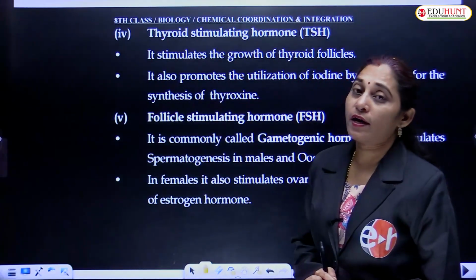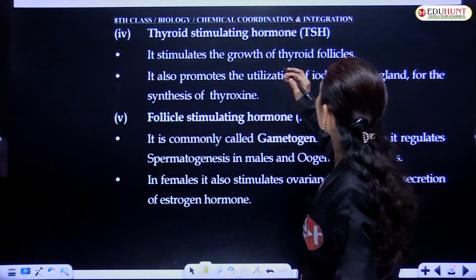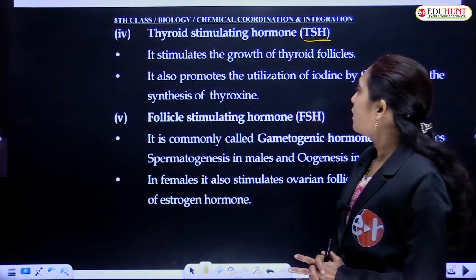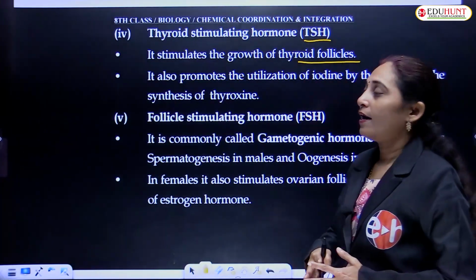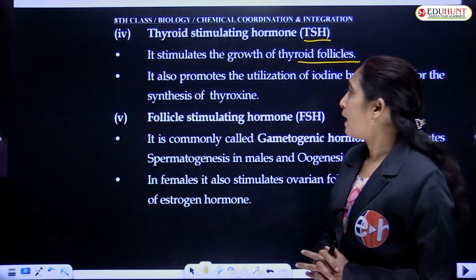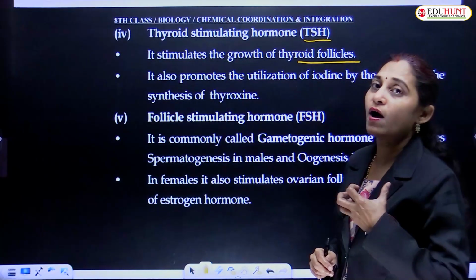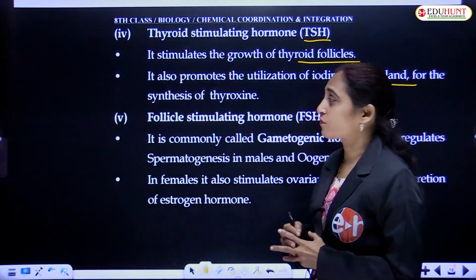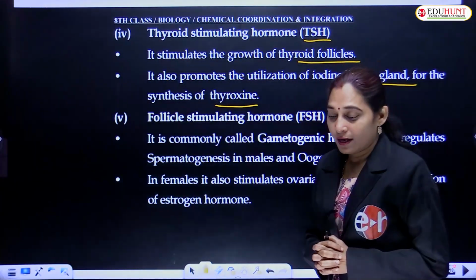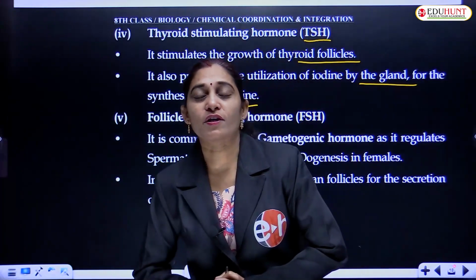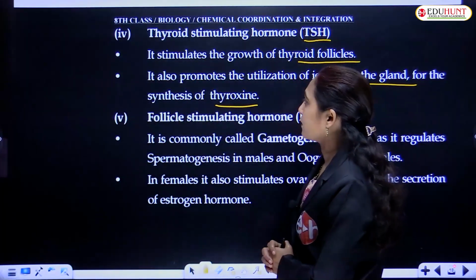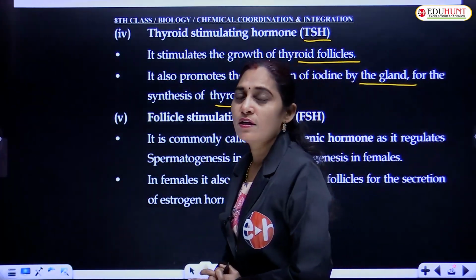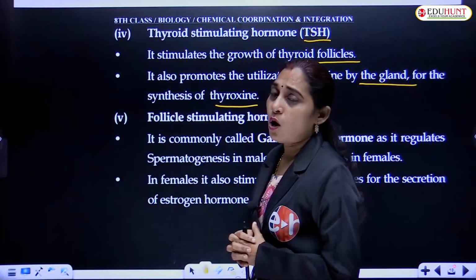Let us see thyroid stimulating hormone, TSH. It stimulates the growth of the follicles of the thyroid and also promotes the absorption and utilization of iodine, which is essential for the synthesis of thyroxine hormone.